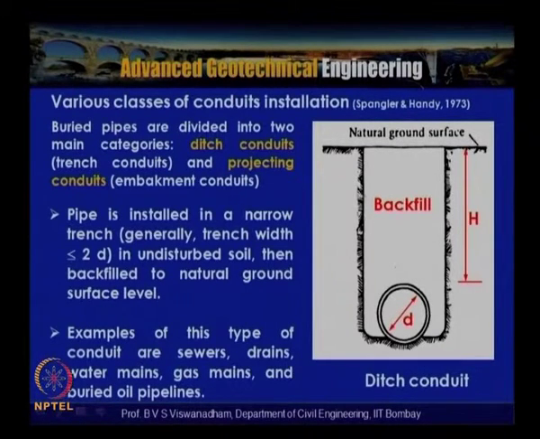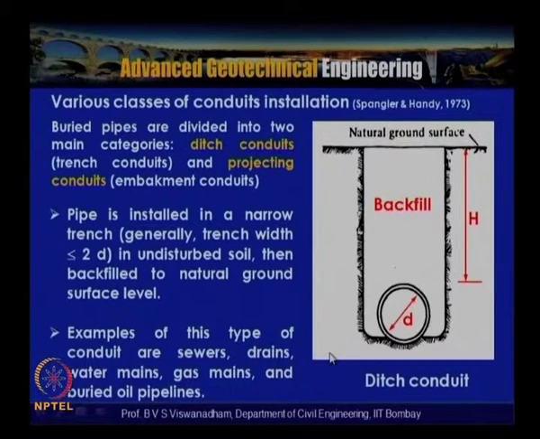You can see the natural ground, the side walls, and the backfill. The trench is excavated, the pipe is placed, and it is backfilled and brought to the natural ground surface. This type of conduit is called a ditch conduit or trench conduit condition.